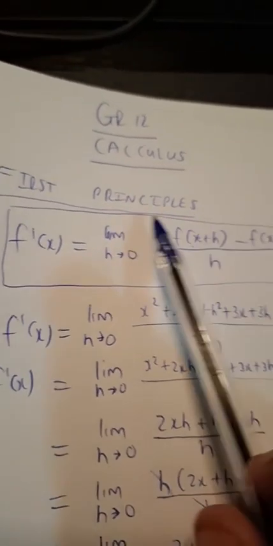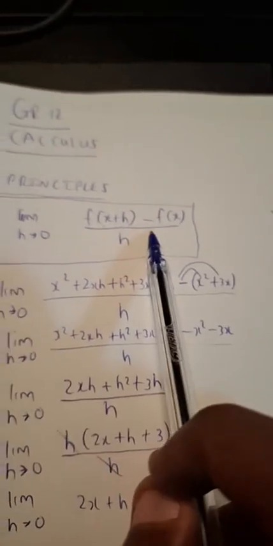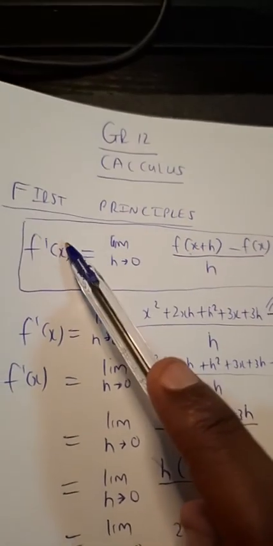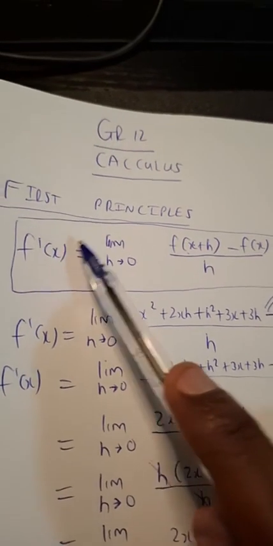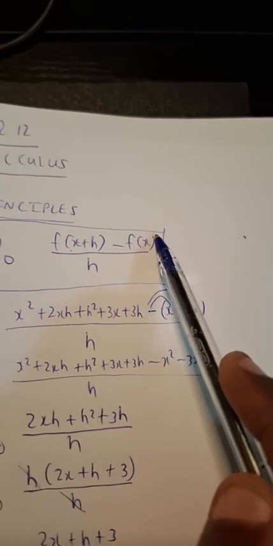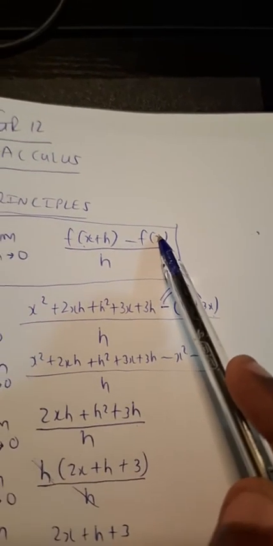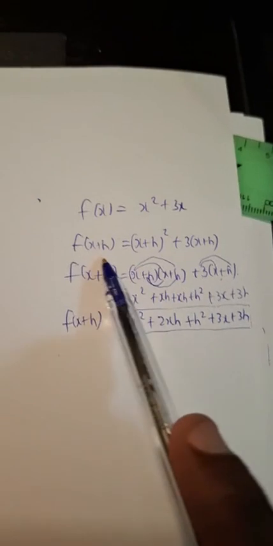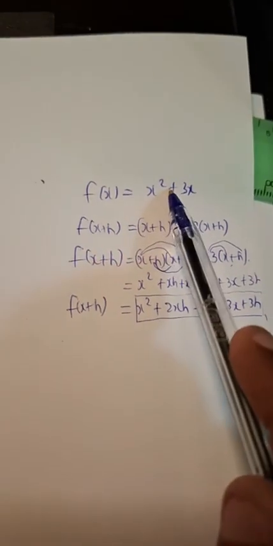All right, and there's no way that you could write this incorrectly because the formula sheet provides the formula for you. You can look at it in the formula sheet and then write it out as you see it. You can sort out f of x on the side. You know what it is, it's given to you. F of x plus h, you can sort it out on the side using the very same f of x function.